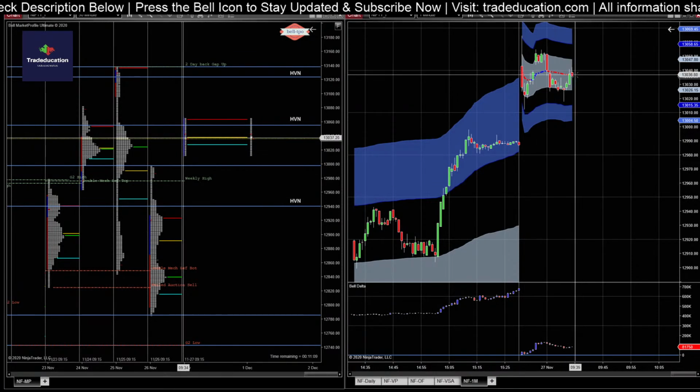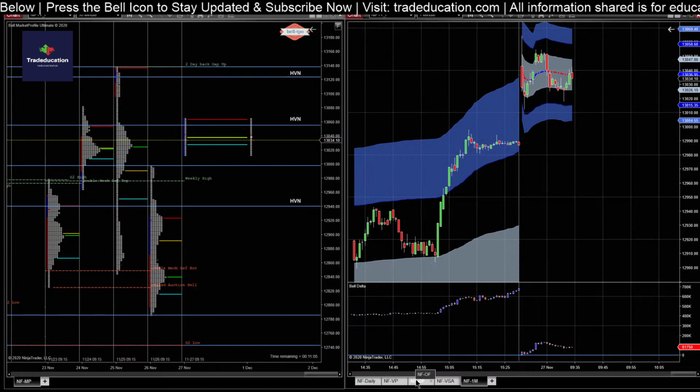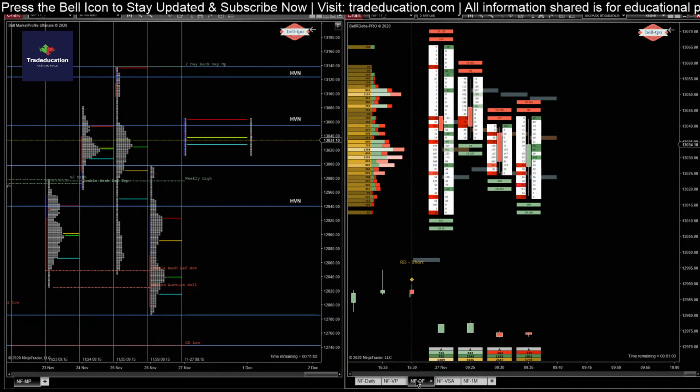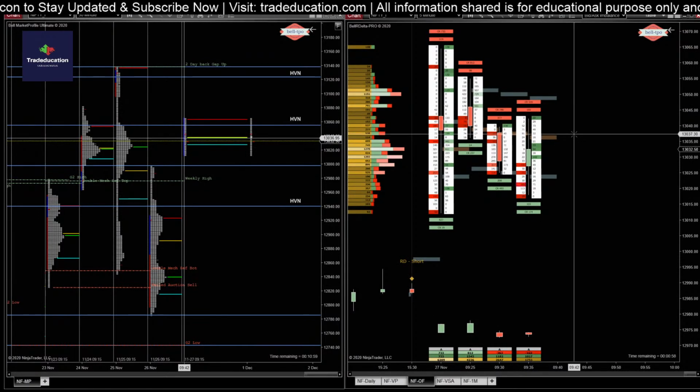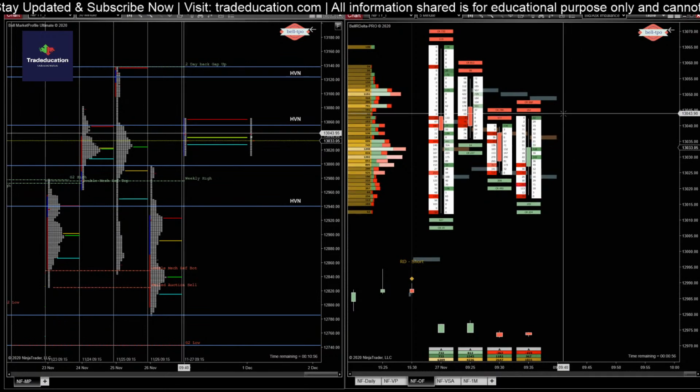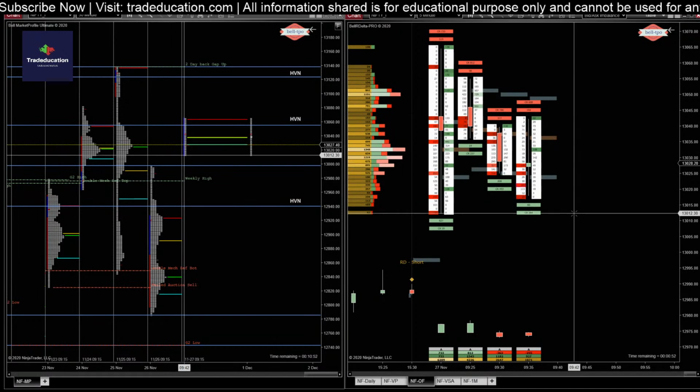Seeing some rejection around VWAP. So good opportunity to take a short position now, keeping a stop loss above this candle high, current high, targeting the low.